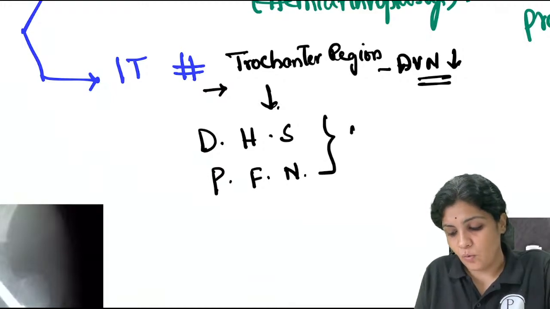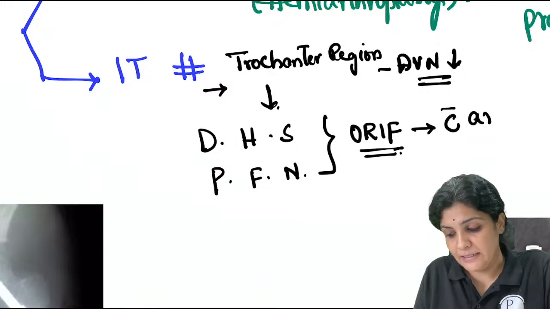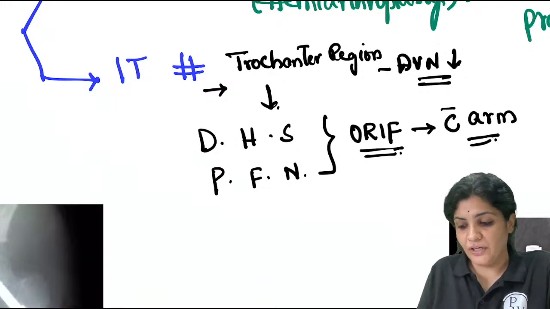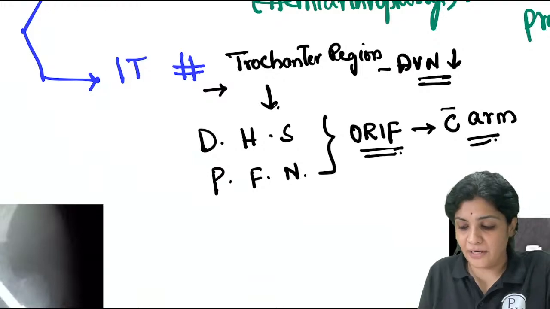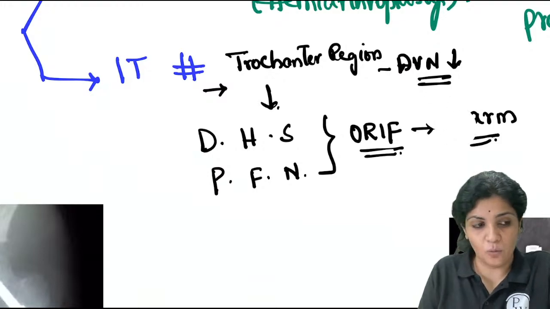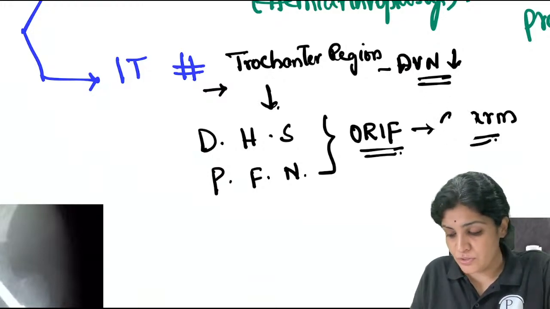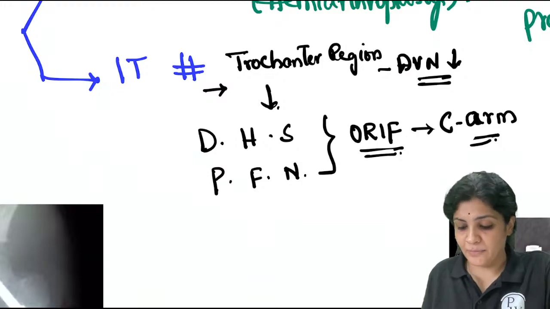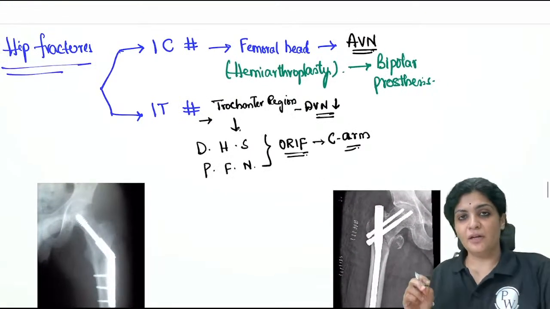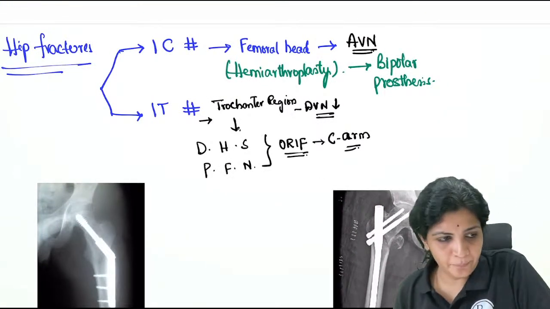This is open reduction internal fixation. So both of these are used under the C arm, right? The C arm is nothing but the X-ray present inside the OT. So we use the C arm and fix it with the dynamic hip screw or the proximal femoral nailing.